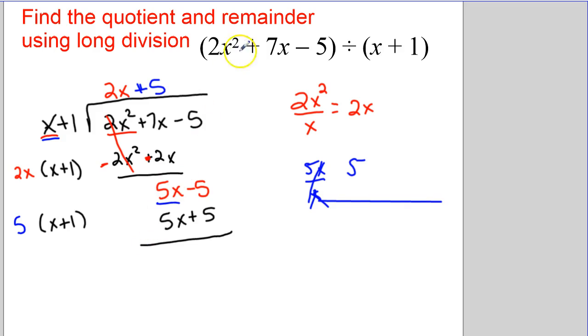But when I come through and do the subtraction, it changes my signs, and that goes to 0, and this goes to negative 10. Now, I can't divide x into negative 10, so this is my remainder. So I have a remainder of negative 10.